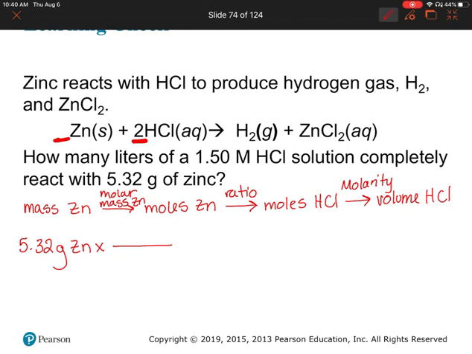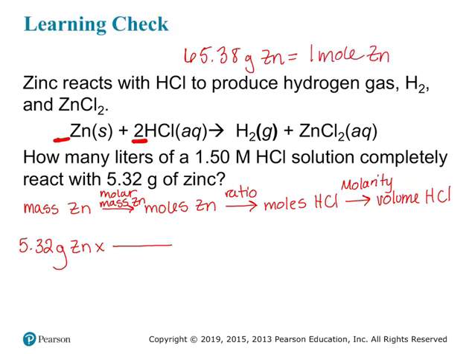Zinc has a mass of 65.38 grams per mole, so 65.38 grams of zinc is equal to 1 mole. For this first conversion factor, do we want grams in the numerator or the denominator? In the denominator, we're trying to cancel grams, right?